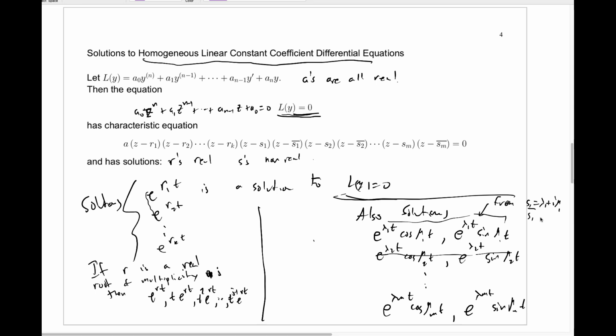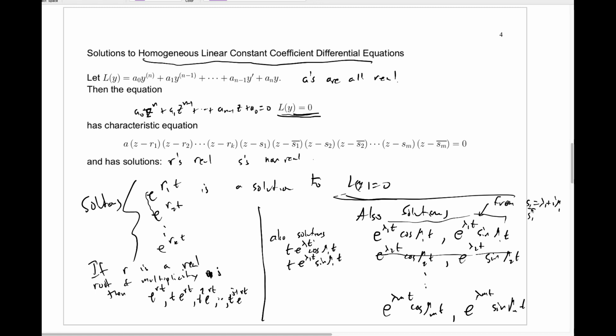But if S1 and thus S2 as well are multiplicity 2, you would also have solutions t e to the lambda 1 t cosine mu 1 t and t e to the lambda 1 t sine mu 1 t. It's just like before, you multiply them by t.